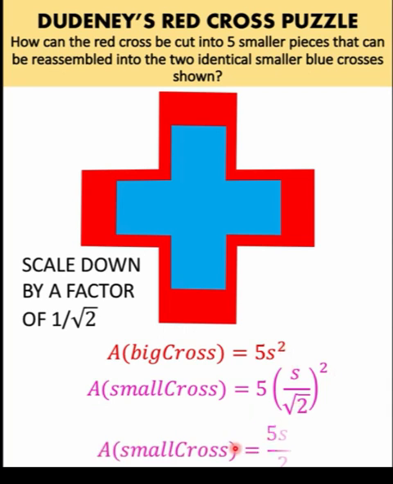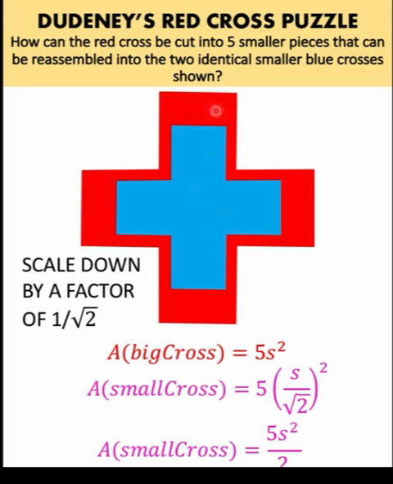Simplifying, this gives us 5 times s squared over square root of 2 squared, which is equal to 2. And clearly, 5s squared over 2 is 1/2 of 5s squared. So the area of the small cross here now is just half the area of the big cross. So we are now sure that this blue cross has an area that is half the red cross.